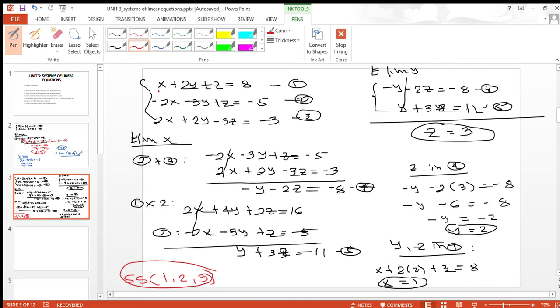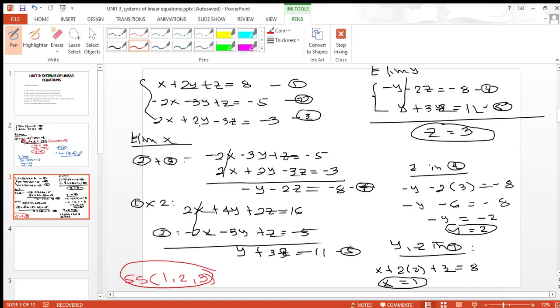So let's check. X is 1, y is 2, z is 3. So this is 1 plus 4 is 5 plus 3 is 8. 8 equals 8. Equation 2, that's minus 2 plus 2 times 2, this is minus 6. Minus 2 minus 6 is minus 8. Plus 3 is minus 5. Okay.